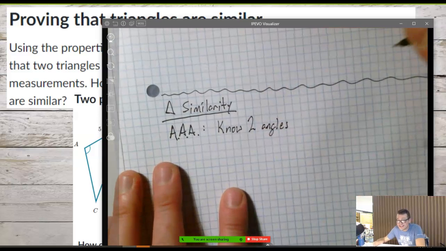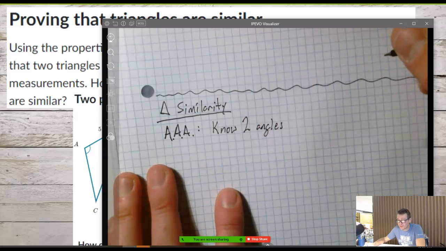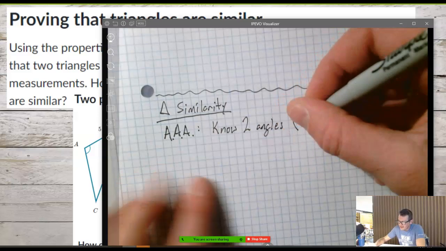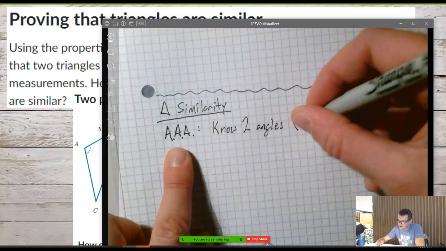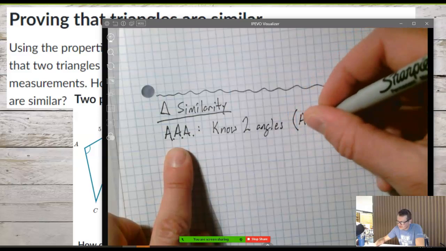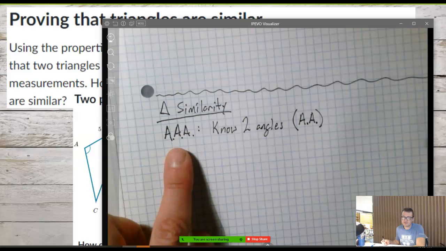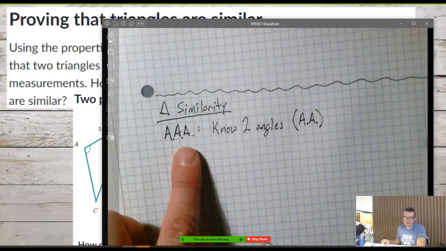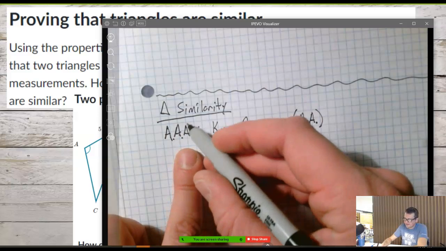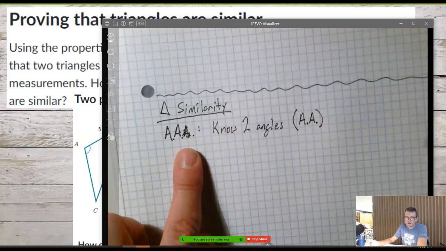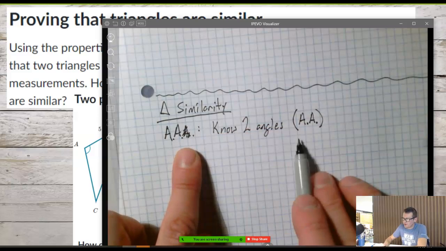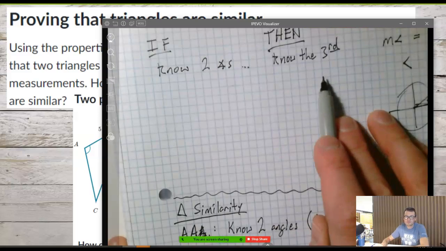So technically, here's the fun thing about math trying to make your life easier. Angle, angle, angle is actually just angle, angle. We don't need the third A. So this is not triple A, right? It's actually angle, angle, because if we know 2 angles, we actually know the third.